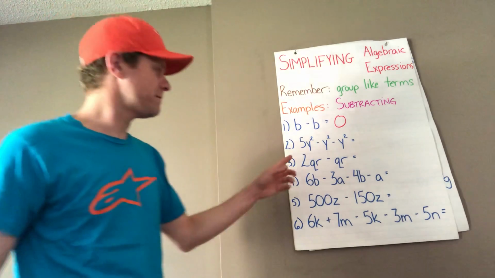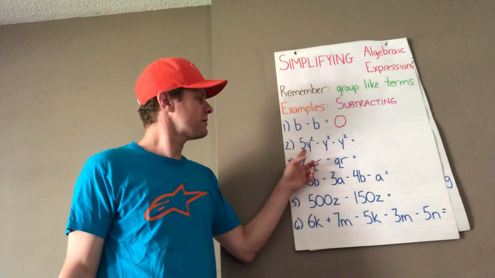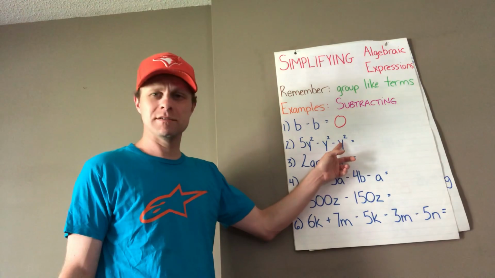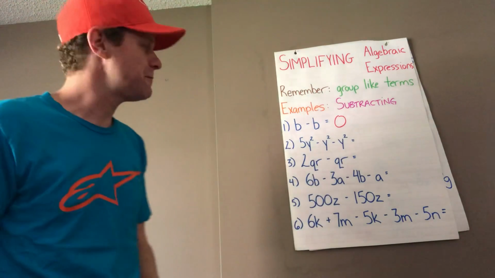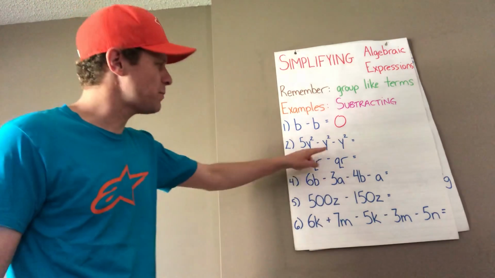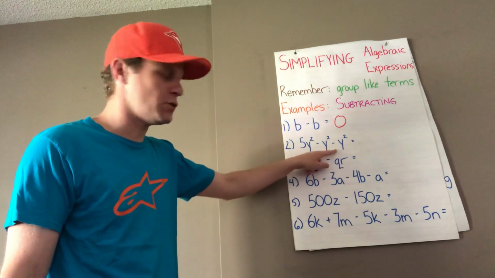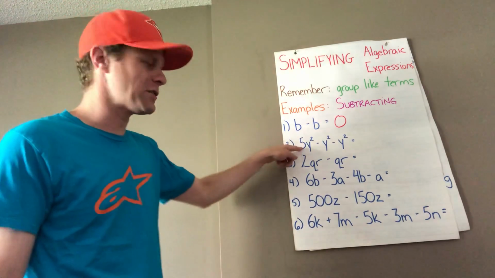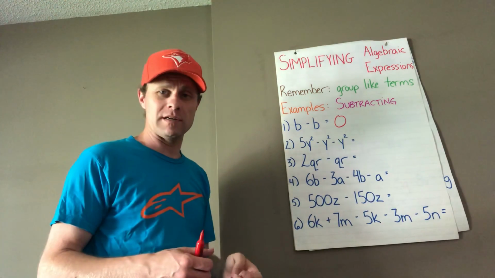Number 2, 5y squared minus y squared minus y squared. If you'd like, you could group these two together so you have 2y squared, and then you're going to find the difference between 5y squared and 2y squared.